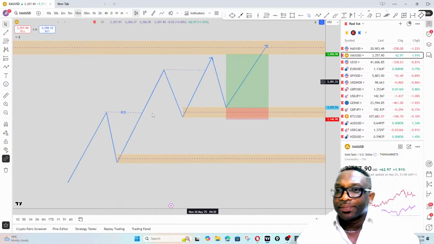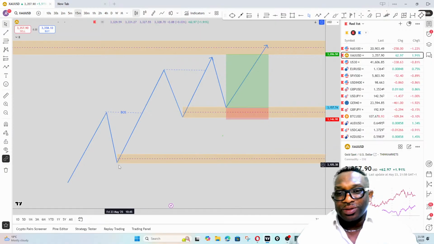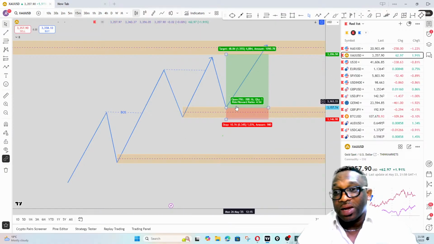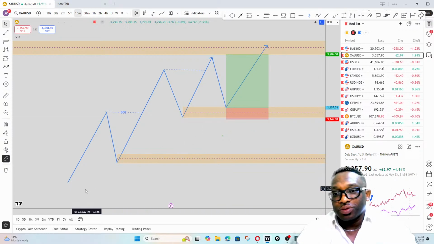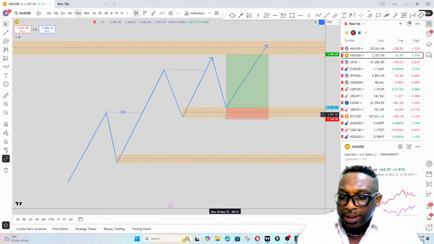Also, you can use the moving average to help you identify the direction that you ought to trade. So once you have the 20 moving average on the charts, with all this analysis, sometimes you may have some doubts.